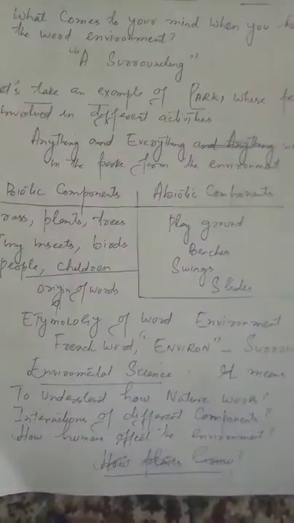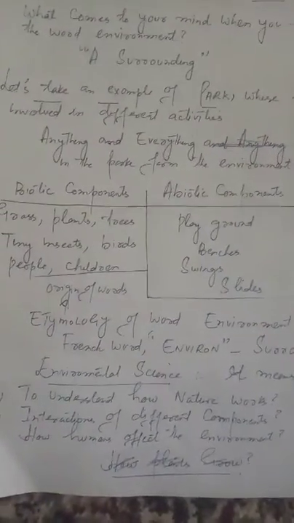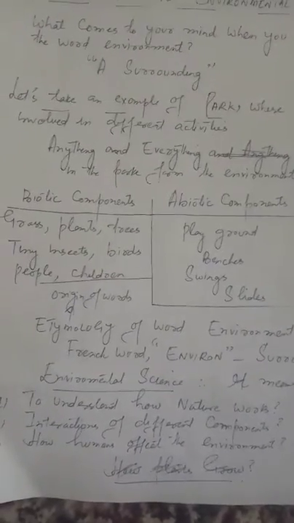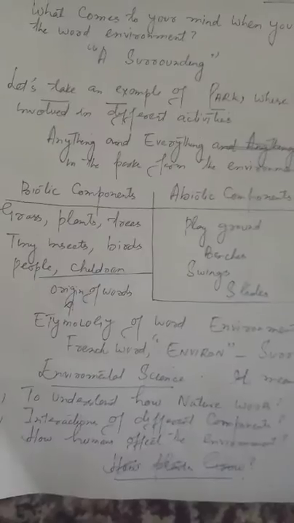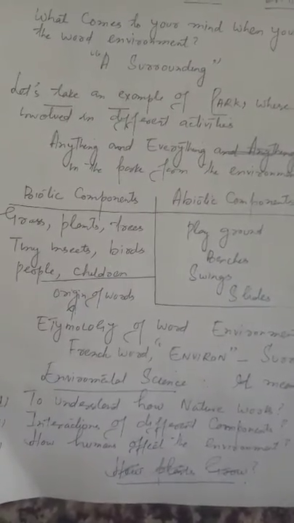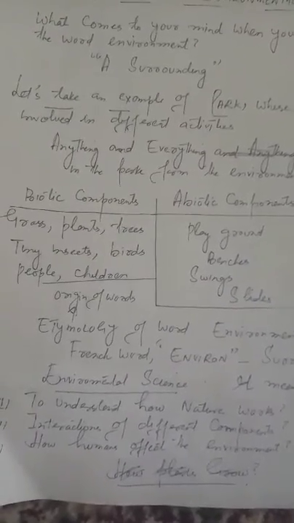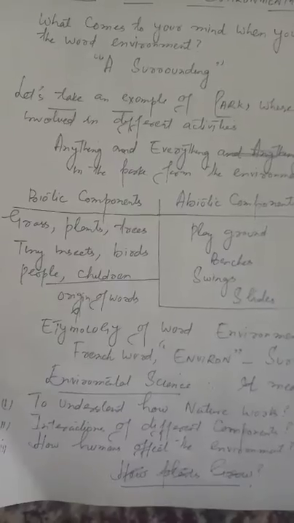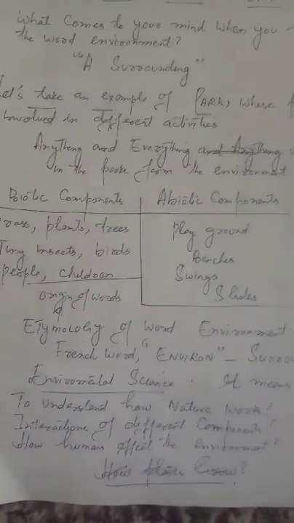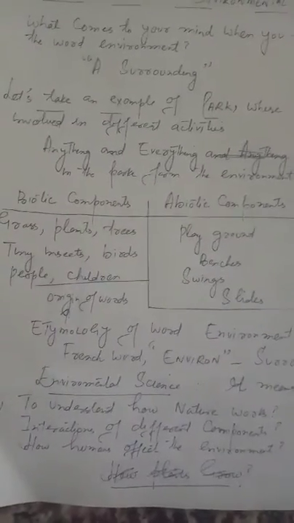In respect to environmental science, we take the help of biology, chemistry, and geology. In social science, geography, economics, and political science are involved. In humanities, philosophy and ethics are involved. So it's an interdisciplinary field.